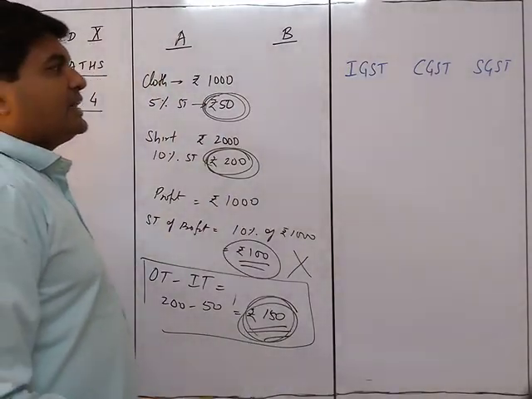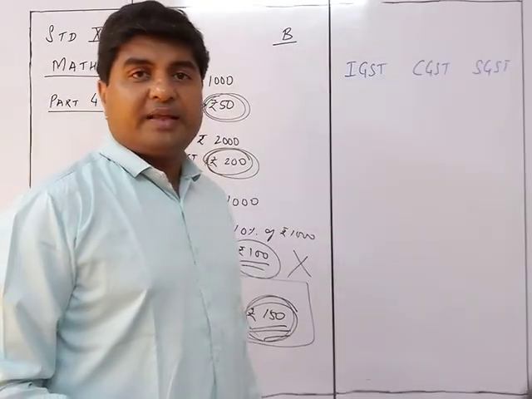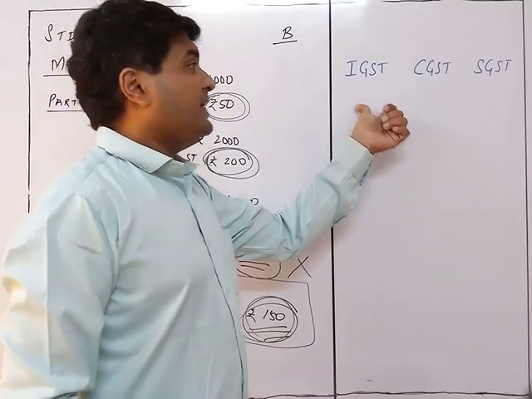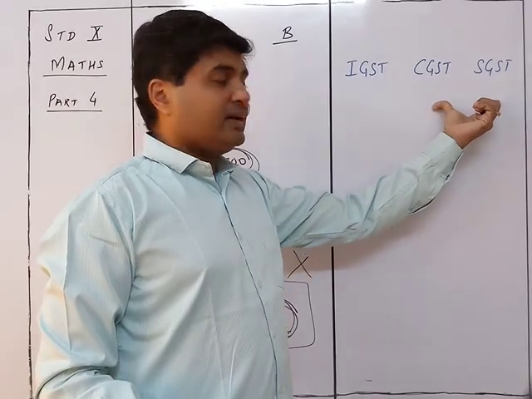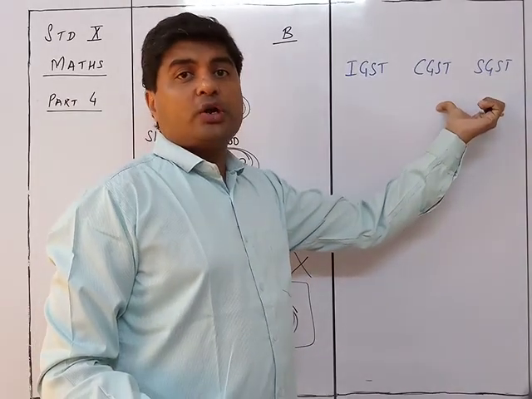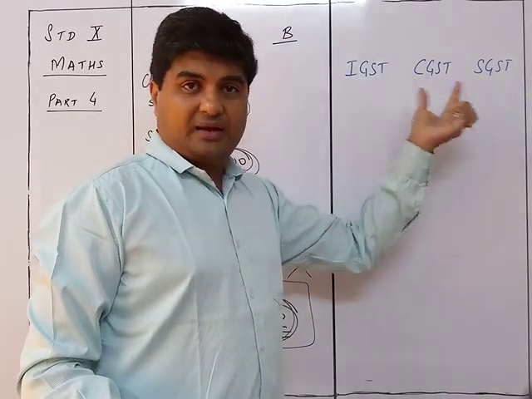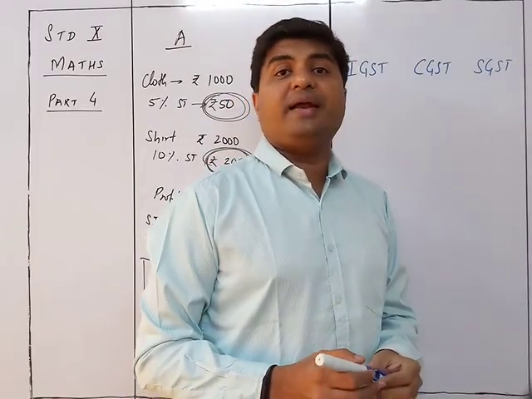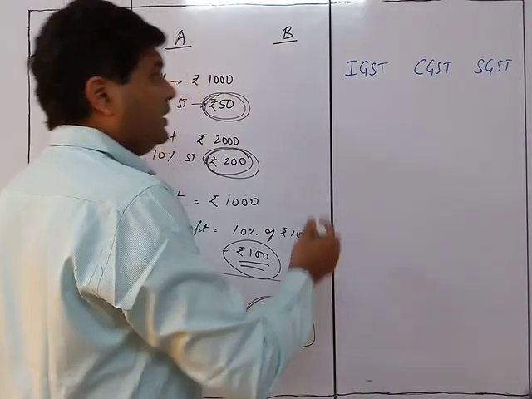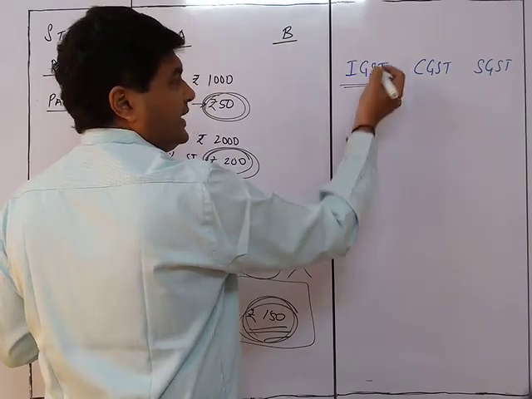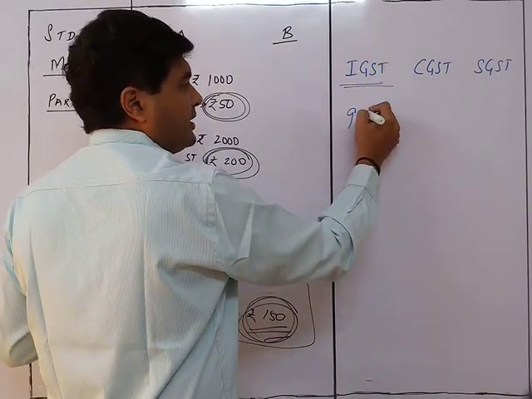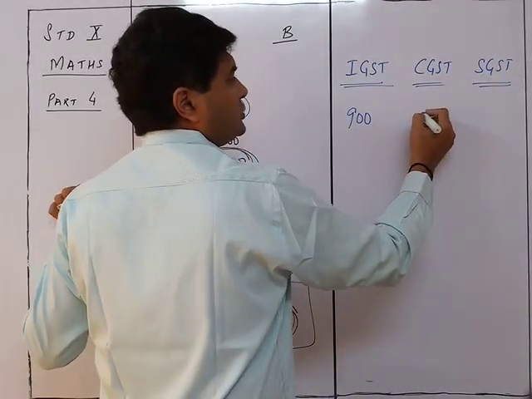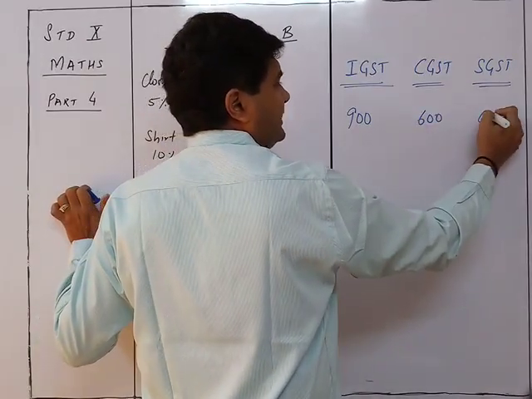So, if we consider that the person has bought the material under IGST and is selling the material under CGST, SGST, then automatically you will calculate the amount payable to the government in a separate manner. For example, suppose the IGST for the incoming material was rupees 900, whereas the CGST and SGST were equal to 600 each.